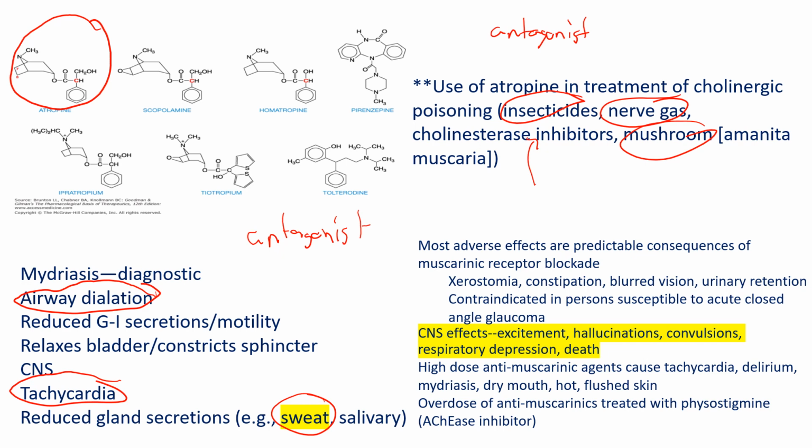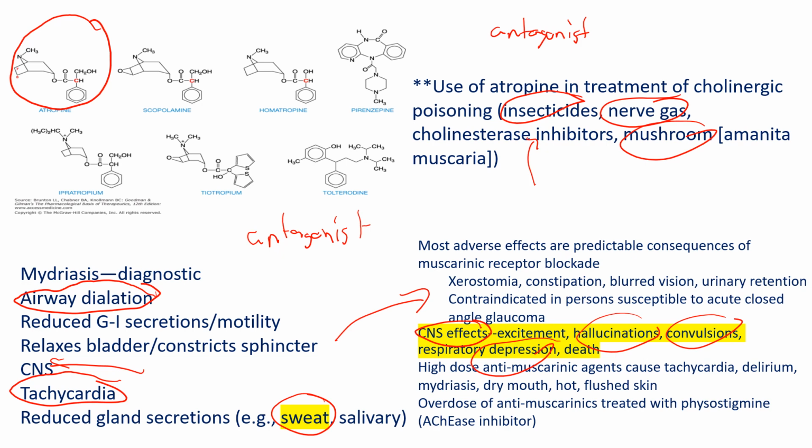And then these are side effects of muscarinic antagonists. Again, pretty similar to what we talked about over here. CNS effects, I'll talk about a little bit more since I didn't talk about it right here, but these are in both. You can see things like hallucinations. You can have respiratory depression, convulsions.